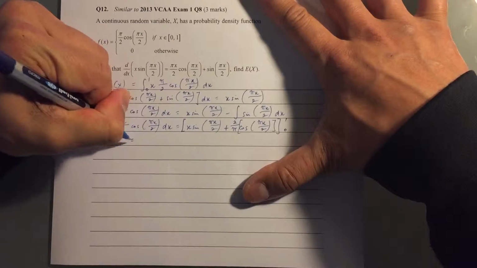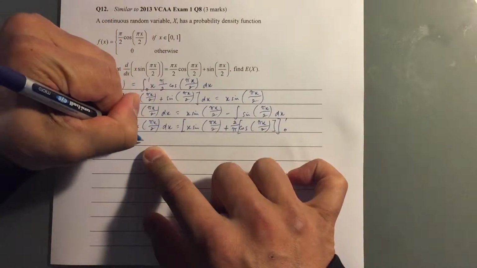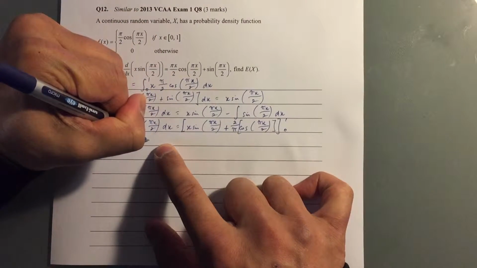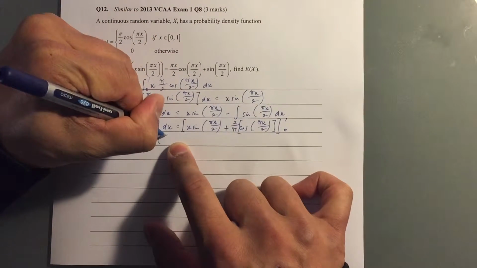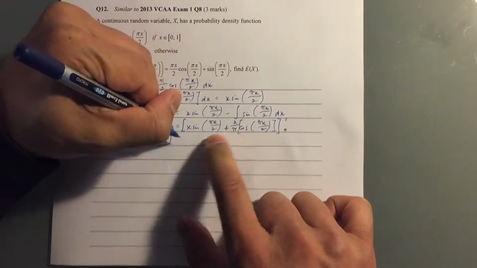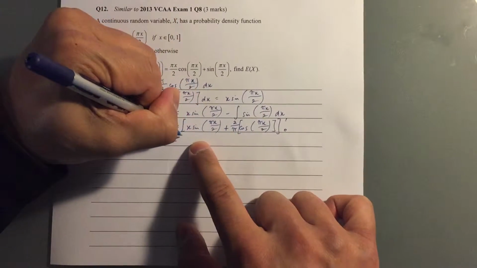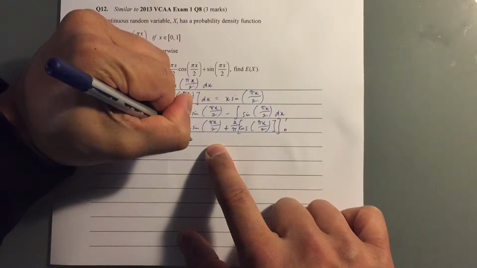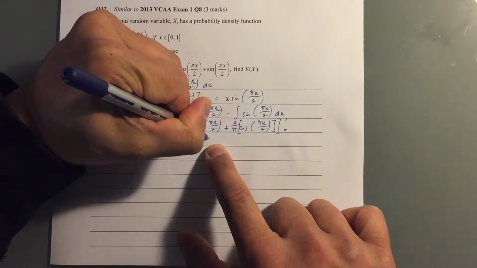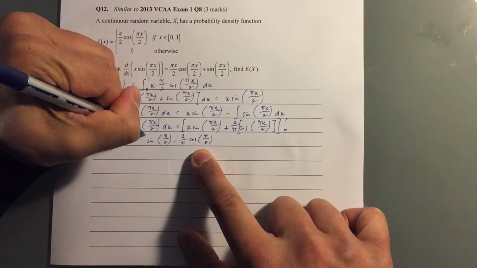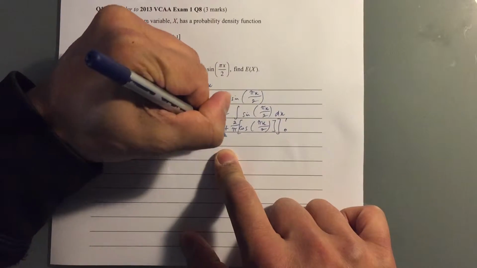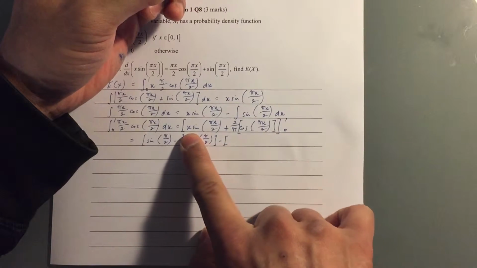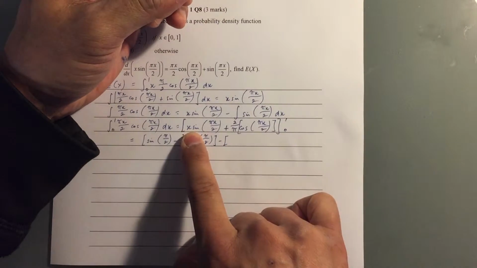So this is equal to, so let's sub this in carefully. I've got 1 sine pi on 2 take away 2 on pi cos pi on 2, all of this take away when I sub in 0. Now when I sub in 0 into here, this is going to just be 0.